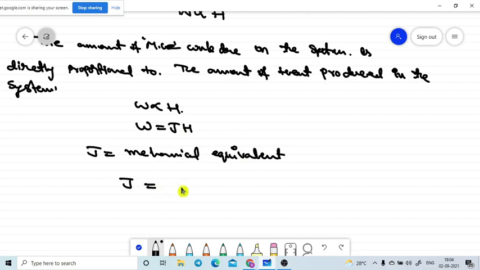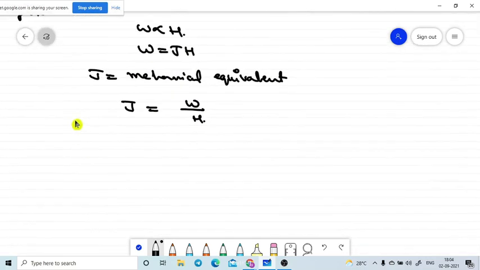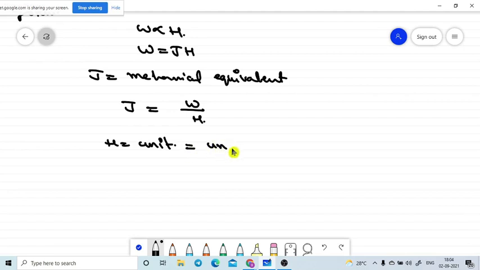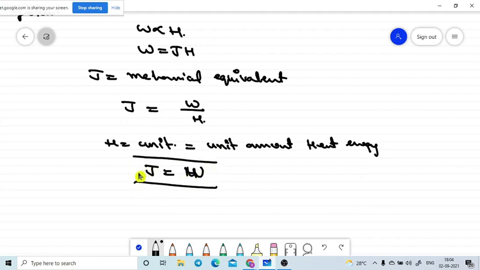J is equal to, sending H to this side, W by H. If you take H as unity, that is, unit amount of heat energy, then J is equal to W. How can we define the mechanical equivalent?